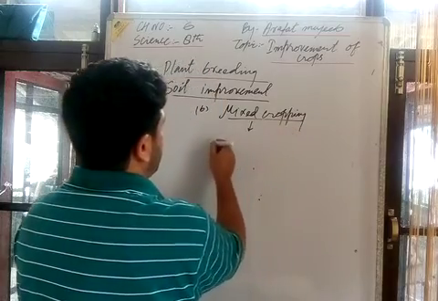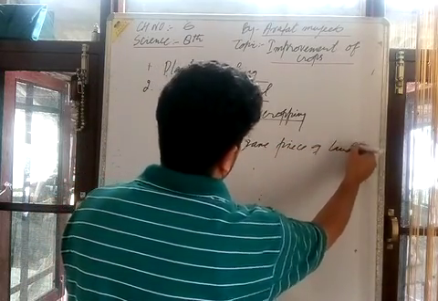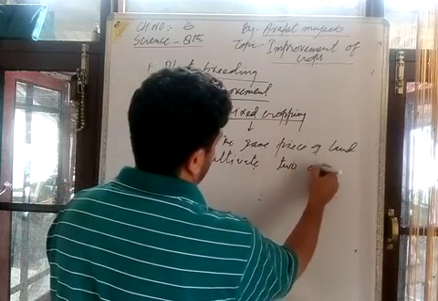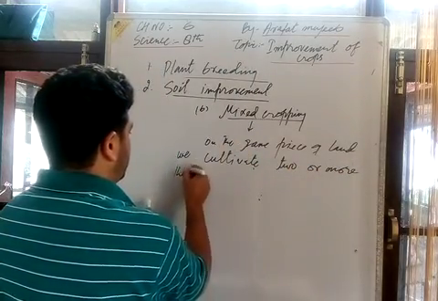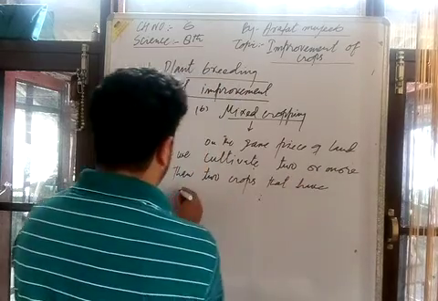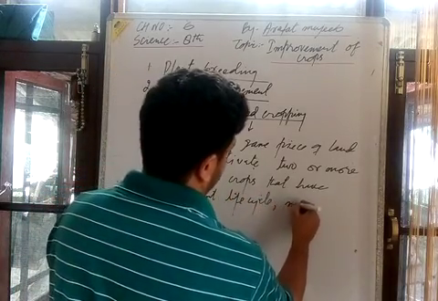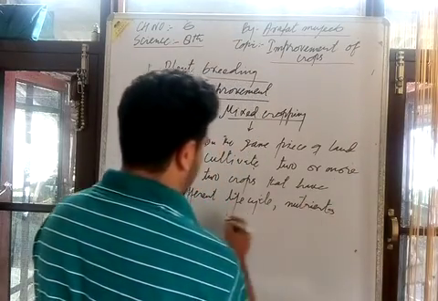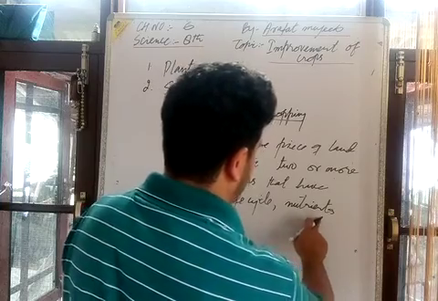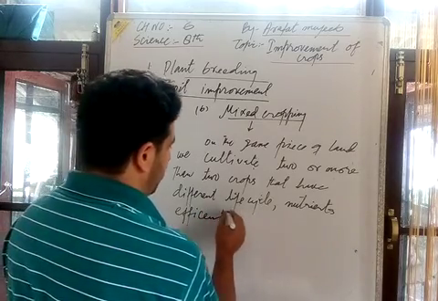Mixed cropping में क्या होता है, that means on the same piece of land, we cultivate two or more than two crops that have different life cycle, nutrients efficient, और इनमें कुछ फ्यूचर होना चाहे.